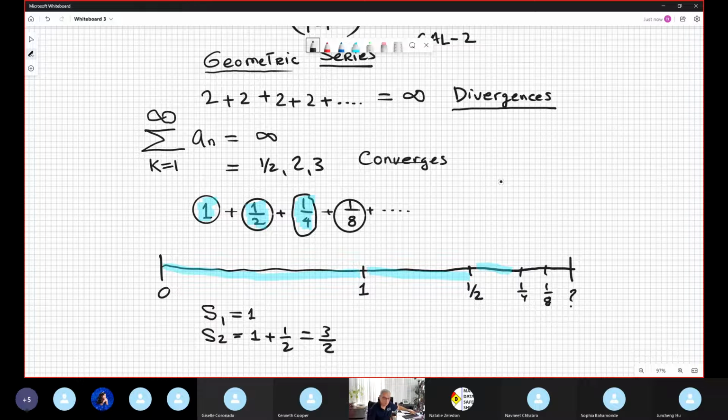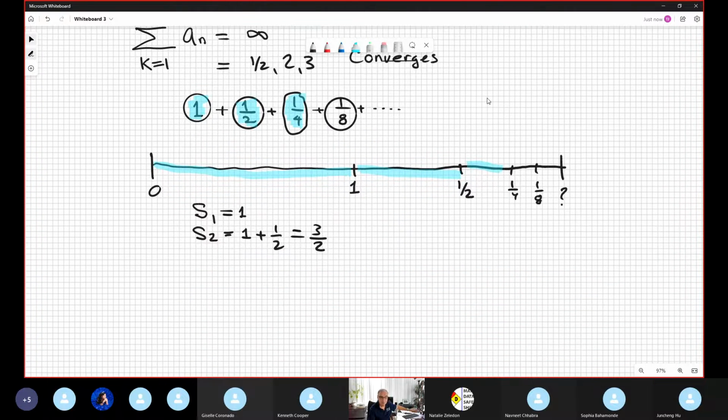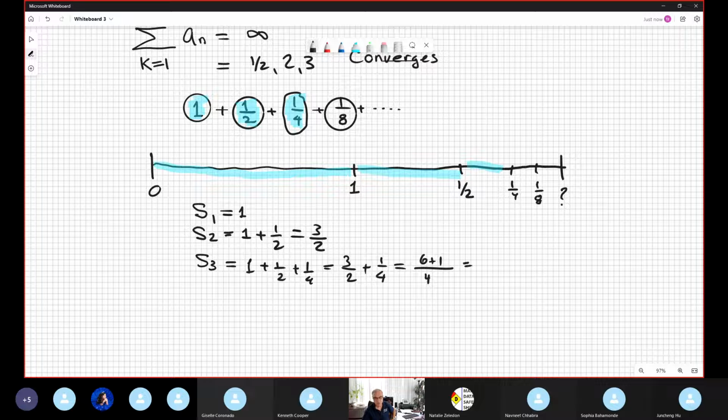Then partial sum 3 is 1 plus 1 half plus 1 over 4. That is 3 half plus 1 over 4. The LCD is 4, so we have 6 plus 1 is 7 over 4.